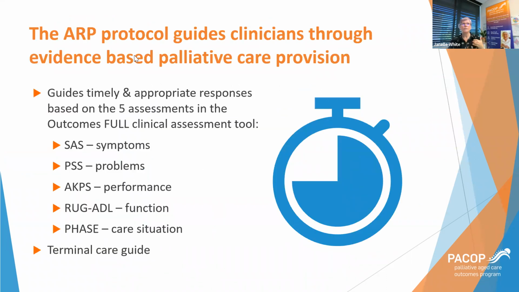So the ARP protocol guides clinicians through evidence-based palliative care provision, as I said, based on the results from all of the assessment tools they've done. The ARP protocol also provides a really detailed guide about considerations for terminal care. So it really helps. This is a wonderful way to build confidence and build skills in staff that don't have a strong understanding of palliative care.